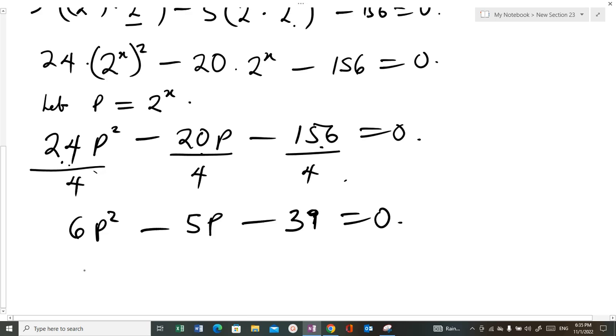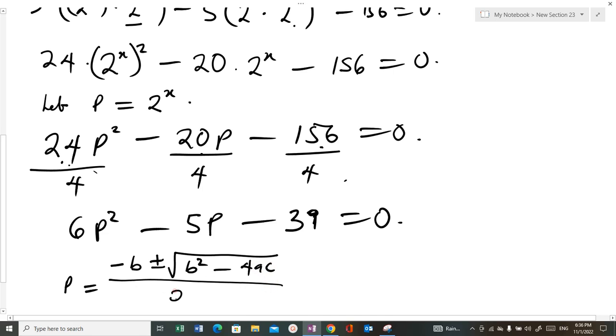We can use the quadratic formula, where we say p is equal to minus b plus or minus square root of b squared minus 4ac all over 2a.